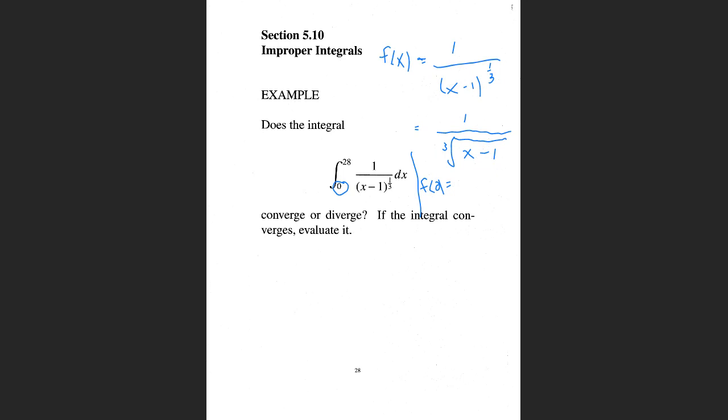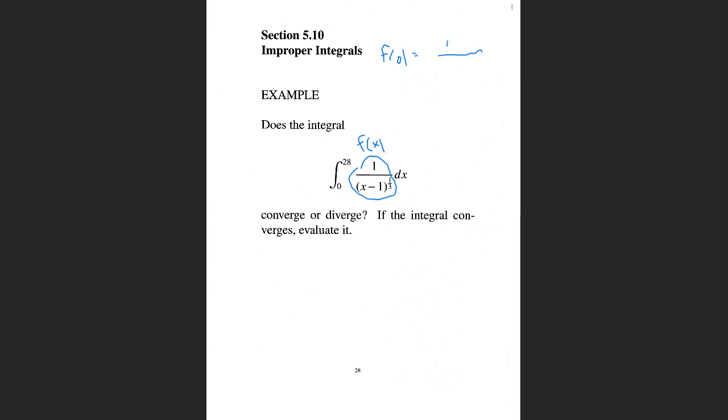So this here is my function. Okay, and if I were to evaluate it at f of 0, I have 1 over 0 minus 1 raised to the third power.